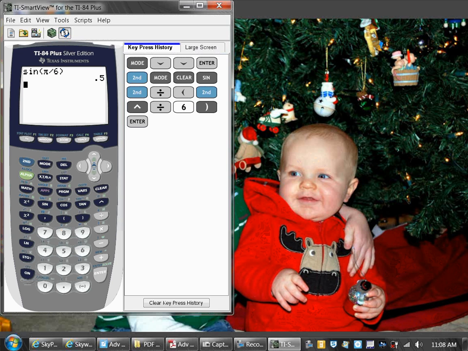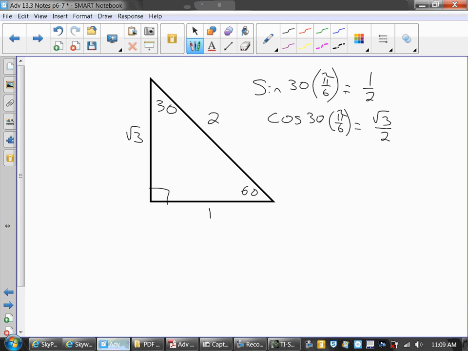They should have the same sine value. Are you in radians? You're not in radians then, are you? Hit mode. Thank you, Liza. So, we agree that sine of pi over 6 is 1/2 and cosine of pi over 6 is root 3 over 2.